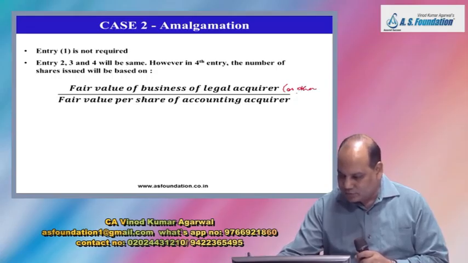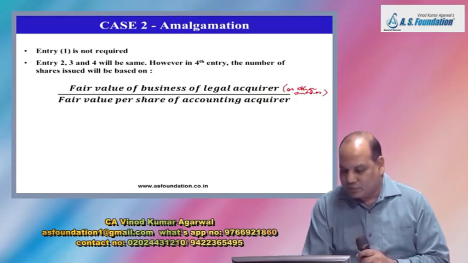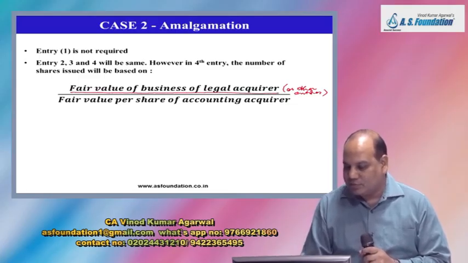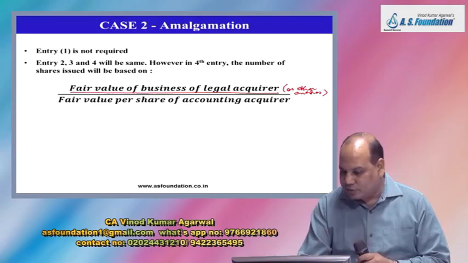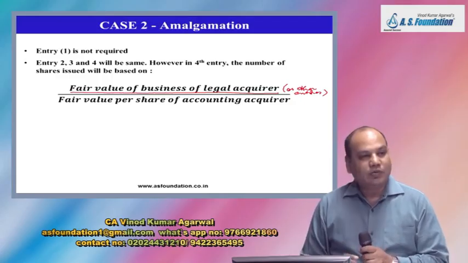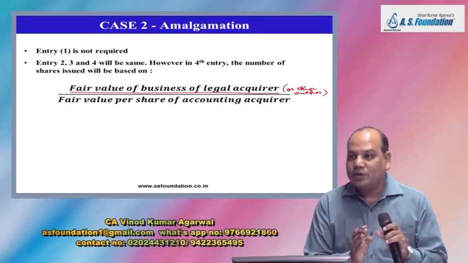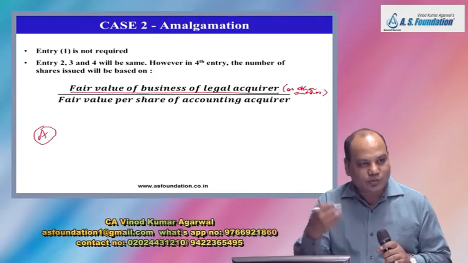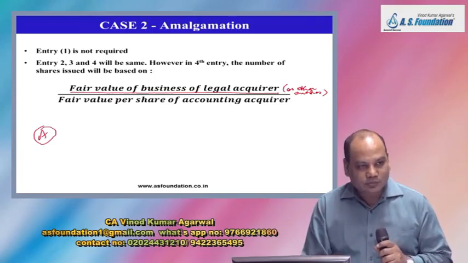Like in our example, if A and B are merging, forming a company C, I will take the fair value of business of A Limited. Drafting of the formula is a little doubtful because the legal acquirer will be AB, but I have to take the fair value of business of A, because we have to issue shares to A.